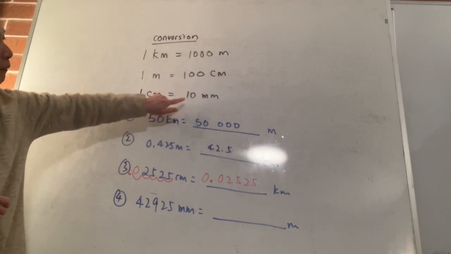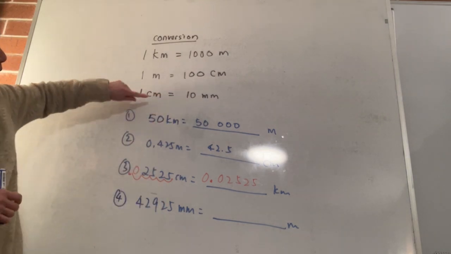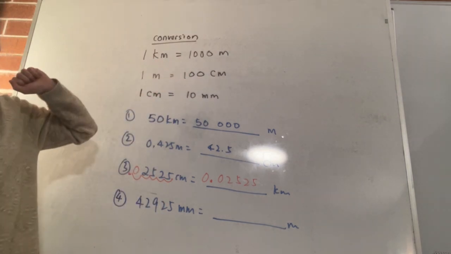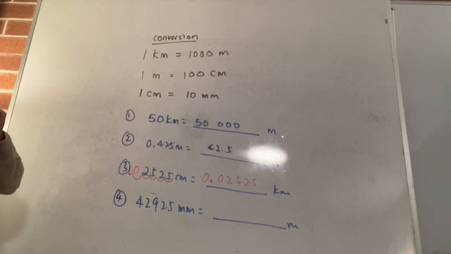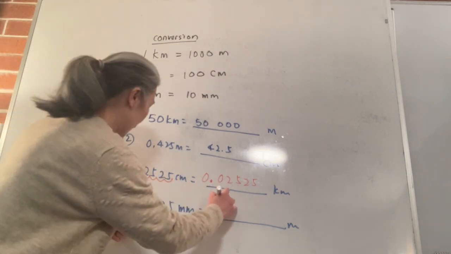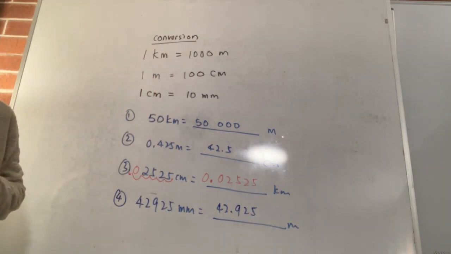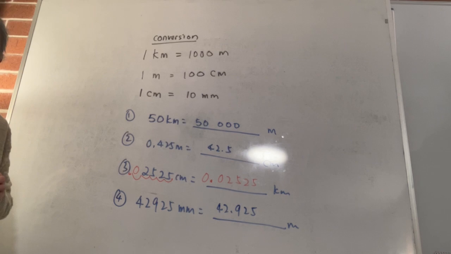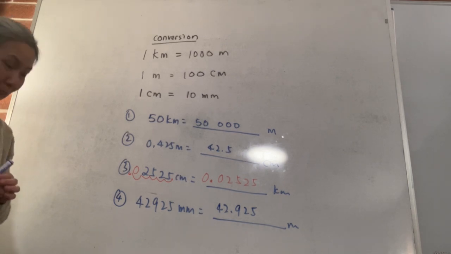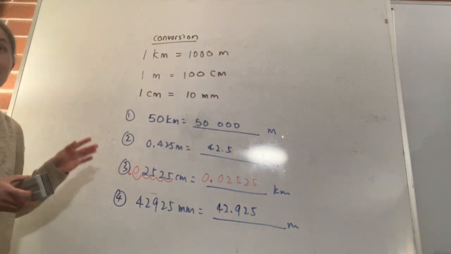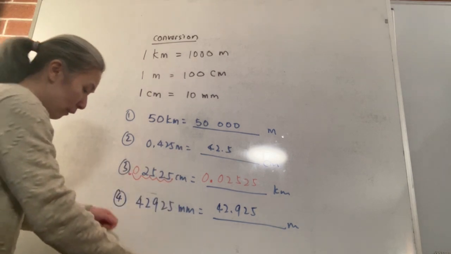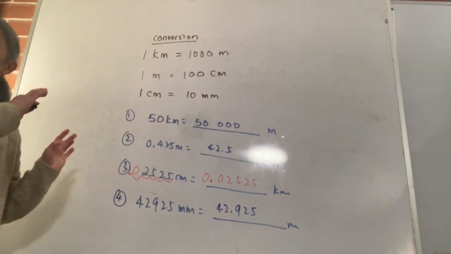That means you divide by 10. Centimeter to meter, divided by 100. Altogether, you are going to shift it 3 places to the front. So, do you have it as 42.925 meter? Yep. Is that clear with it? Right. Now, you're done with this. Now the next conversion set. Everyone is okay with this, right?